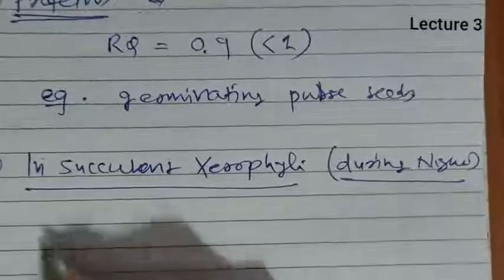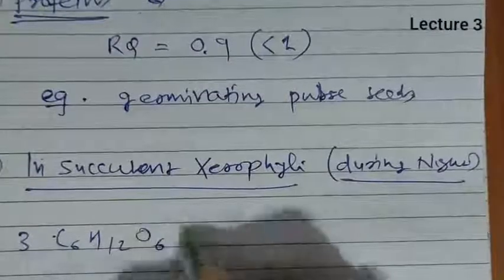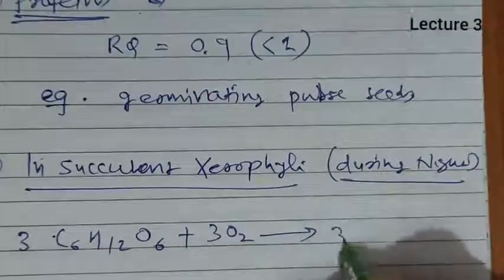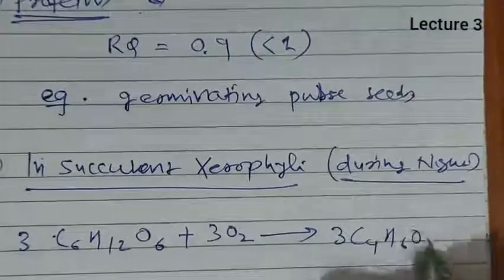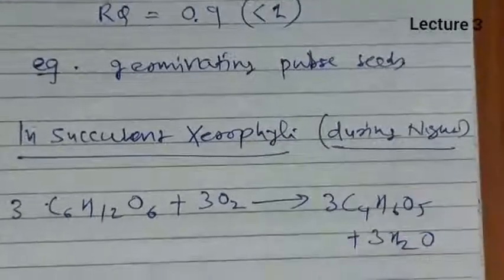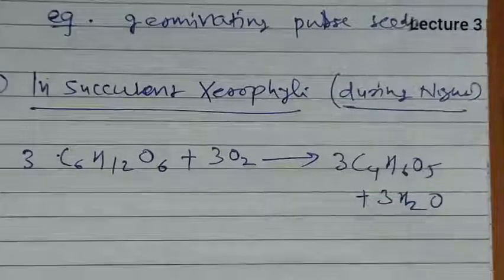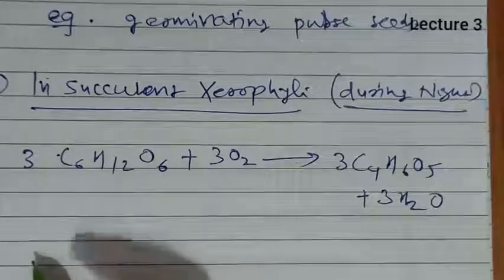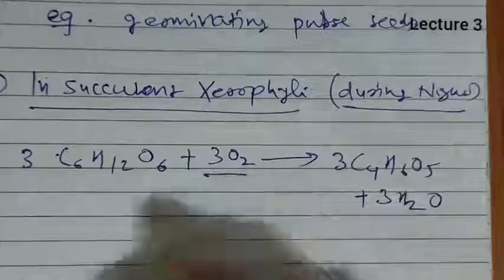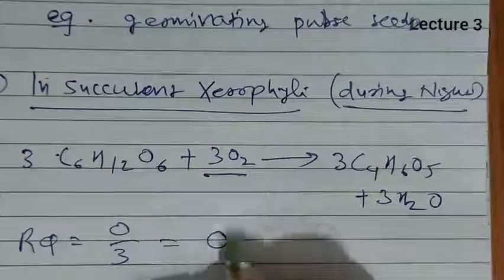So when we take the reaction C6H12O6 plus 3O2 gives rise to C4H6O5 plus 3H2O. During the day, light is not there and stomata are not open, so CO2 is not evolved, only O2 is used. So if we take the RQ, then 0 by 3, so it becomes 0.